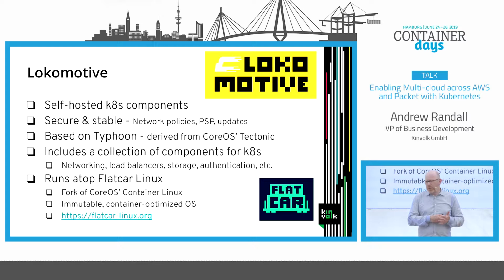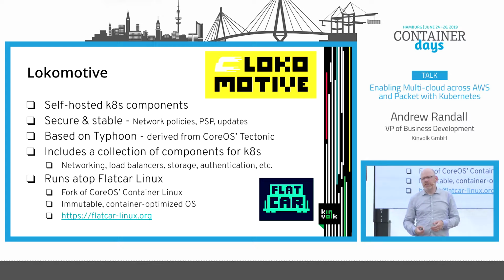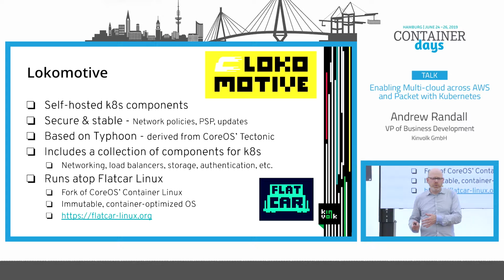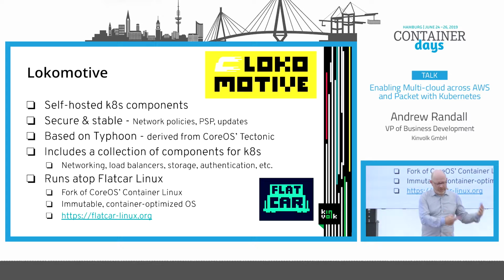And we have a number of things that we call components. It's a layer that sits above the base Kubernetes distro that adds all the essential ingredients that you need to put together a Kubernetes environment to deploy into. One of the unique things about Locomotive is it comes bundled with a Linux distro that we build called Flatcar Linux, which is itself based on CoreOS Container Linux.